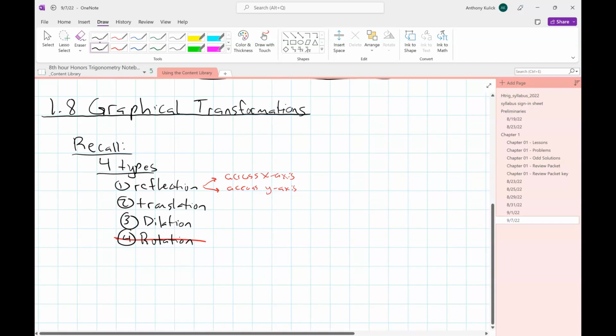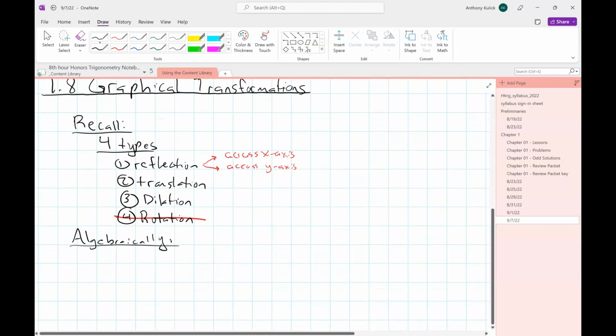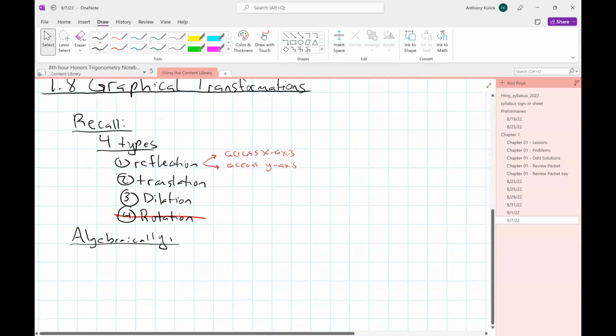So we're going to now apply this algebraically to functions.